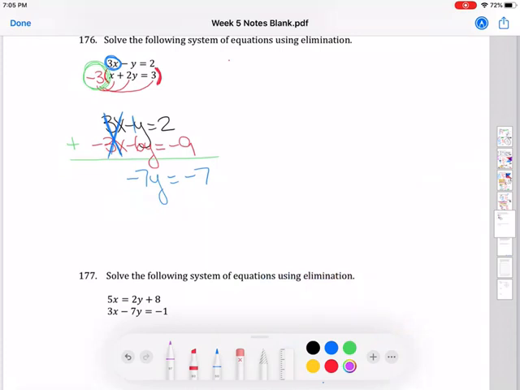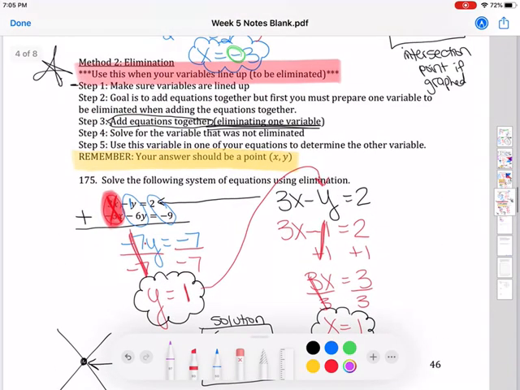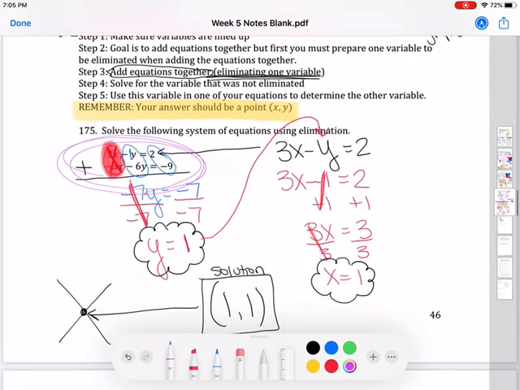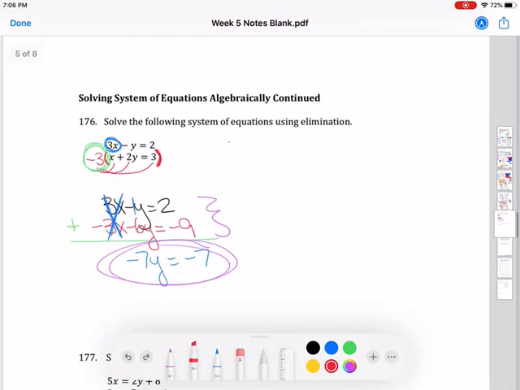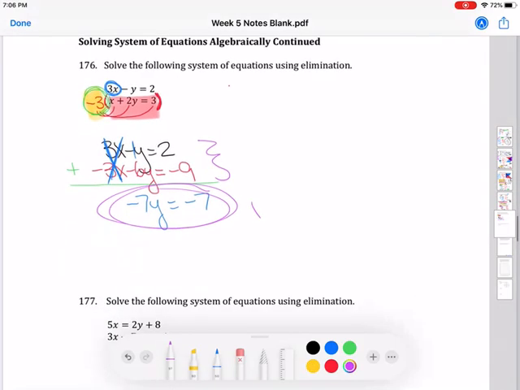Okay, you may or may not recognize it at this point, but from here on out, actually from this here, is the exact same equations that we had in the last problem. I gave you the same question twice because I really wanted you to see that this right here, given to you, ready to be eliminated, will more often be given to you like this, where you have to figure out what you need to multiply it by to make it eliminate.